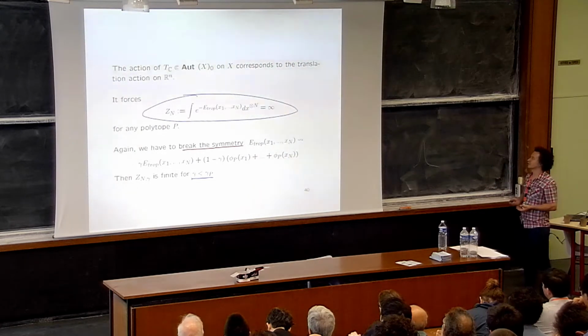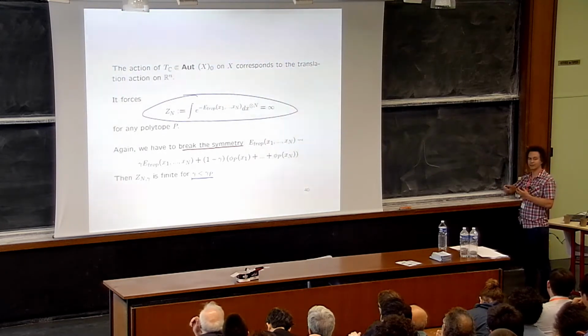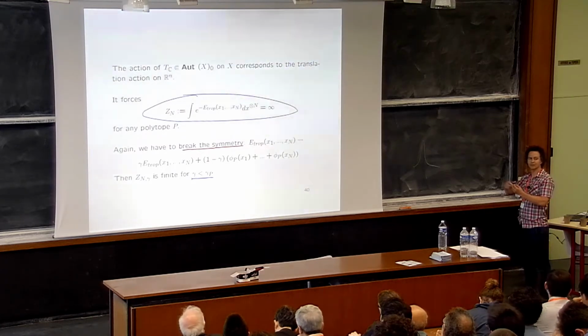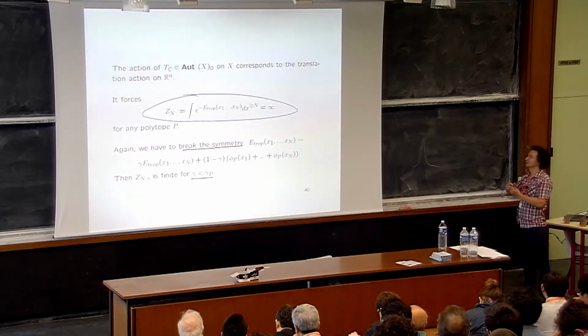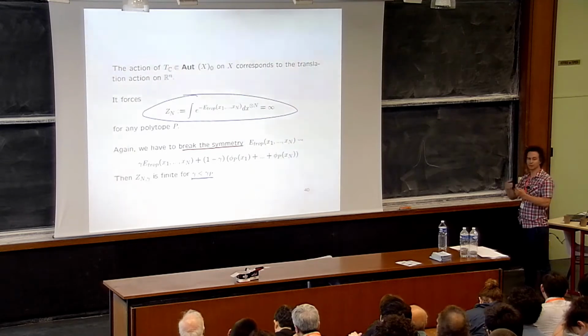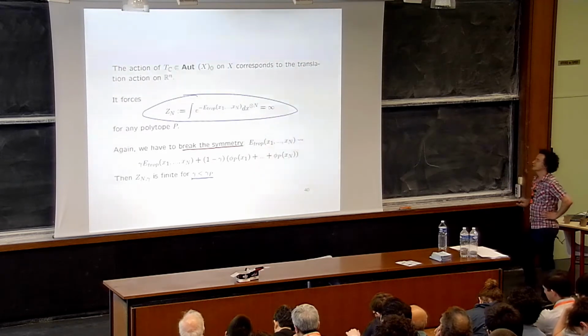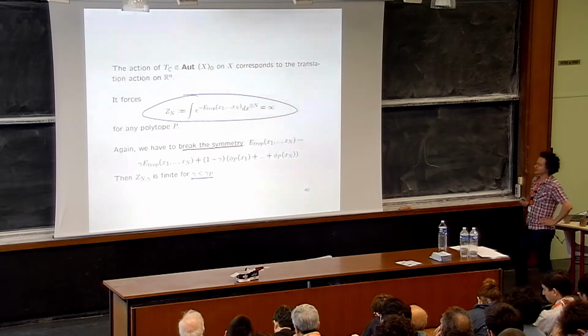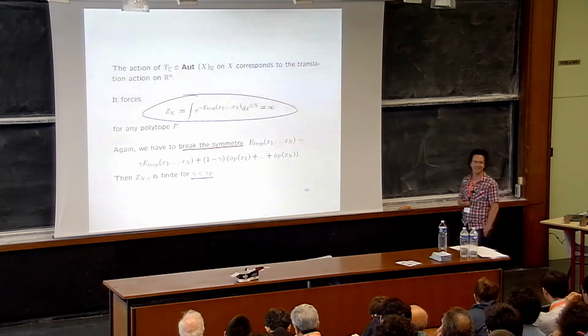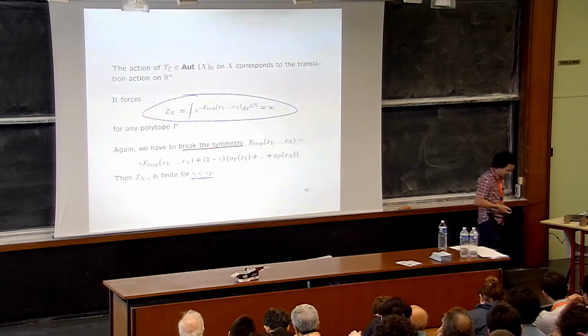You can see this because if you integrate and you split your variables and you integrate over the center of mass, this contribution will give infinity. So this will never converge. So tropicalization didn't help us. We cannot get started.